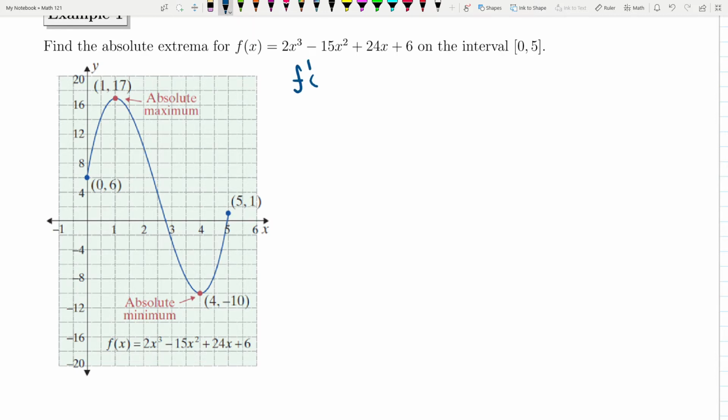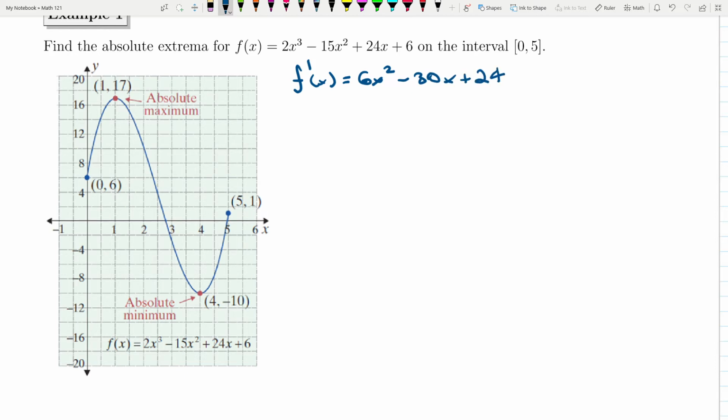So f prime of x, the derivative, is going to be 6x squared minus 15x. Oh, actually not minus 15x, minus 30x plus 24.